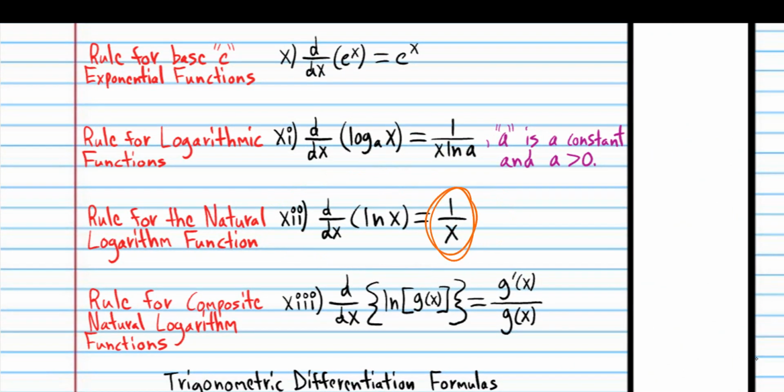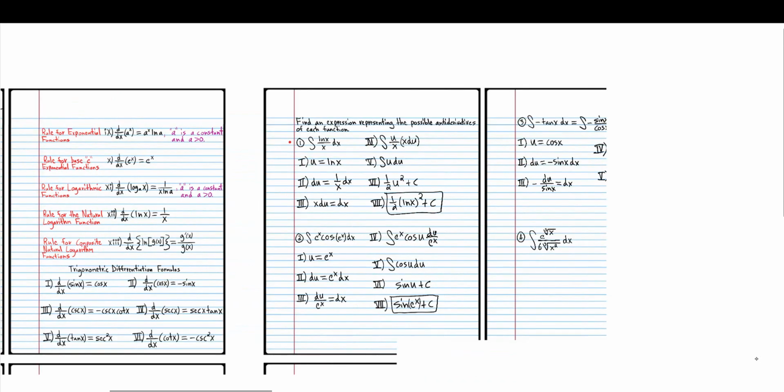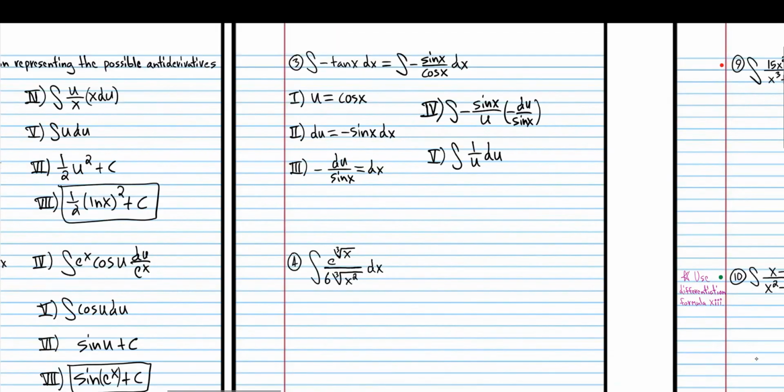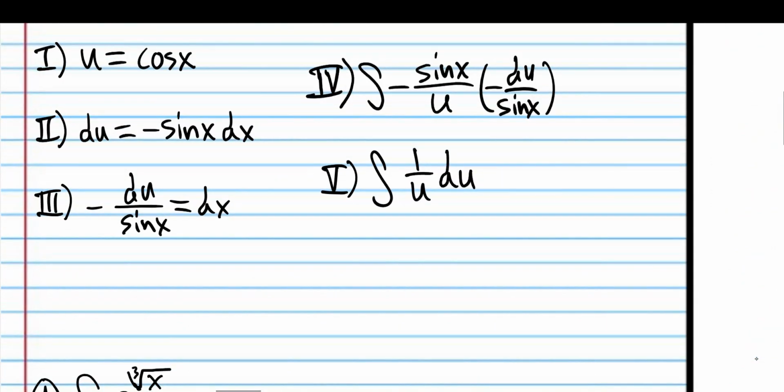If you have this expression, the antiderivative is going to be natural log x, because the derivative of natural log x is 1 over x. So the antiderivative of 1 over u is natural log u.